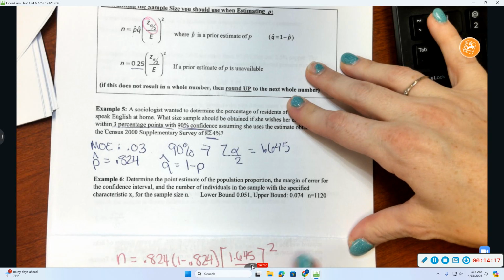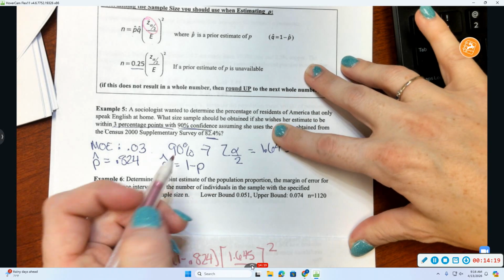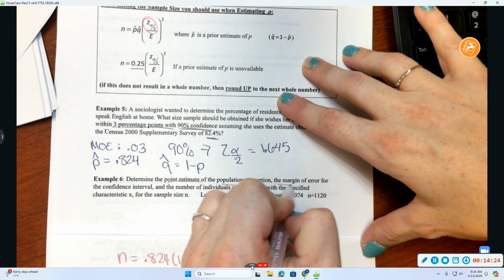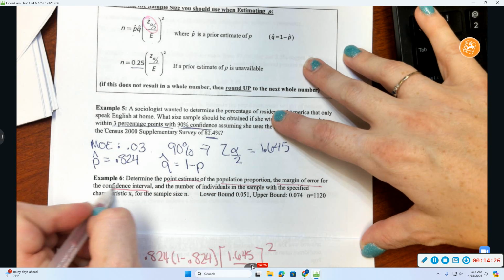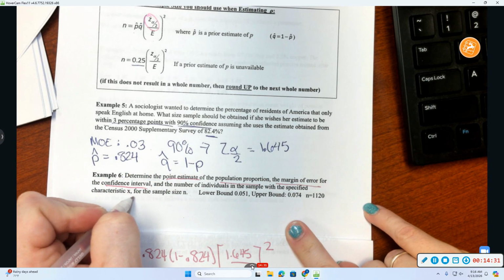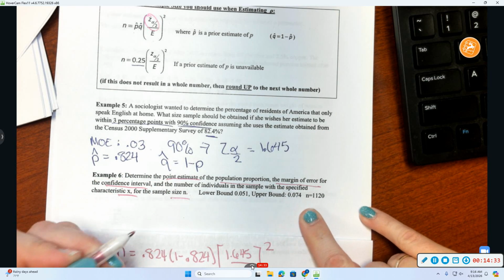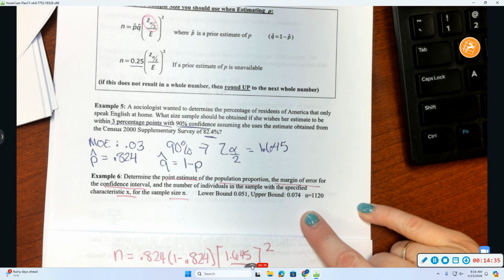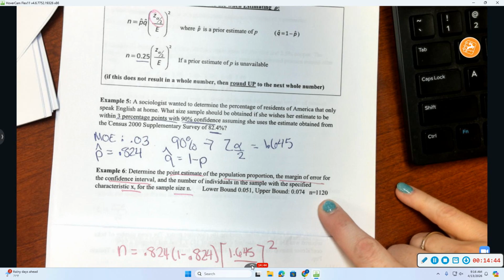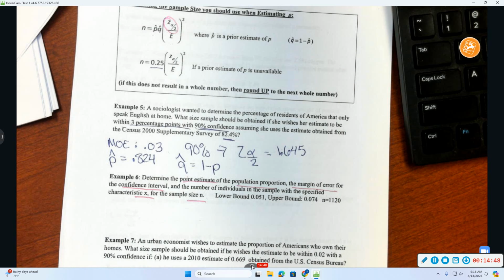All right. Determine the point estimate of the population proportion, the margin of error for the confidence interval, and the number of individuals in the sample with the specified characteristic of X with a sample size of N. So the N is here. The first thing we want is the point estimate.